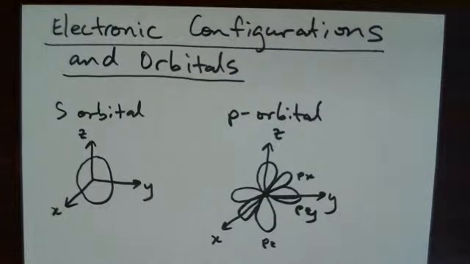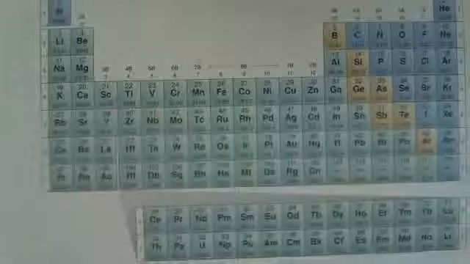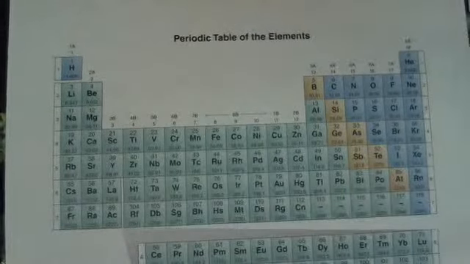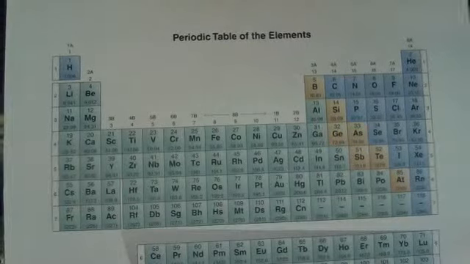Just so I can show you how it works, let's say we want to consider sulfur. Now sulfur on the periodic table is in the 3rd row. It's atom number 16.